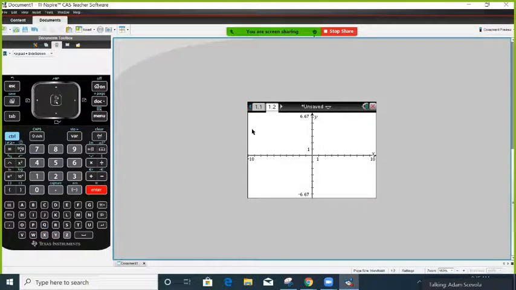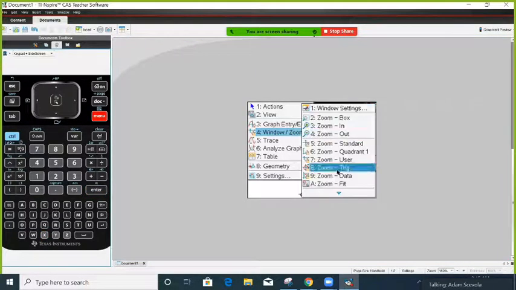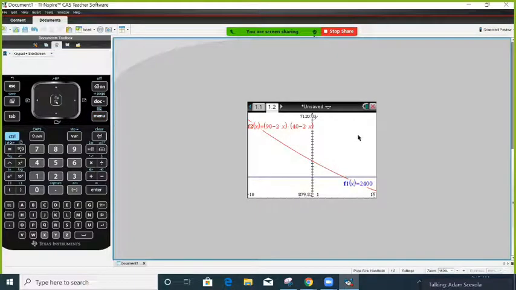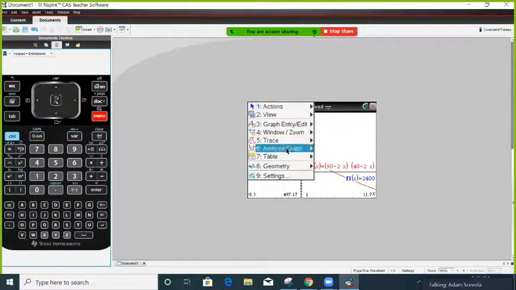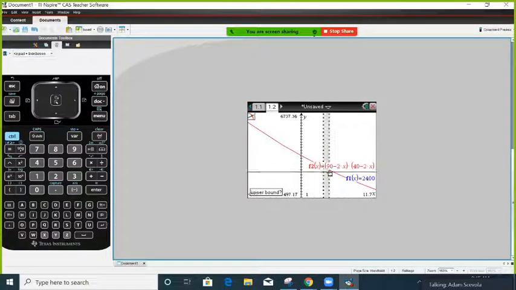Now I don't see anything right now, so I'm going to have to zoom out. You could try zoom fit, and zoom fit will usually zoom out to see where both graphs intersect, and then go menu, analyze graph, intersection, and then you could see that they intersect at the point 5 comma 2,400, which means when you cut a border of 5, that area is going to be 2,400.